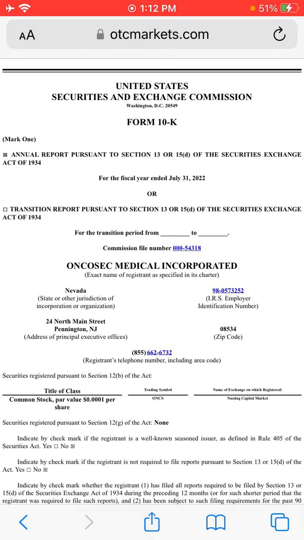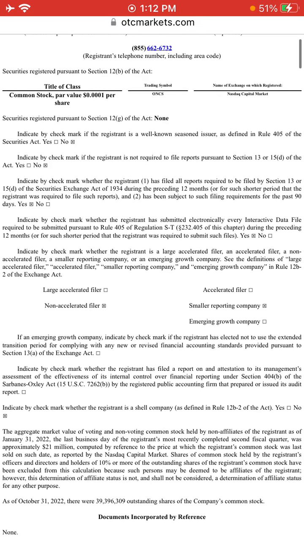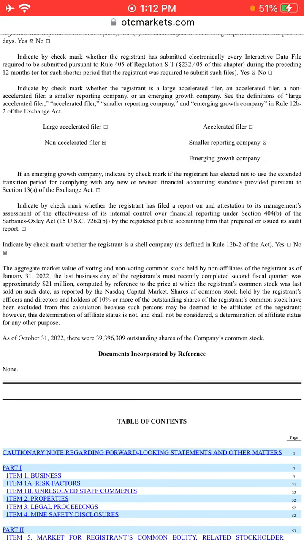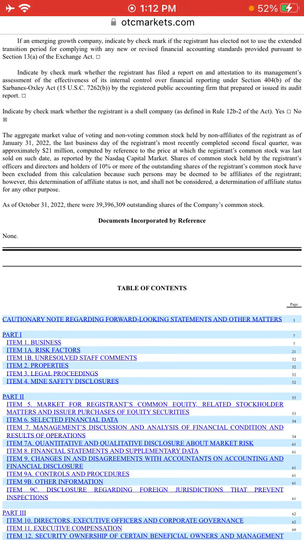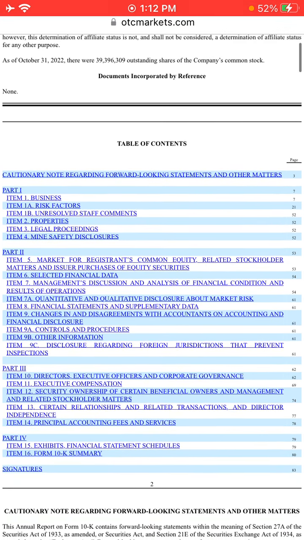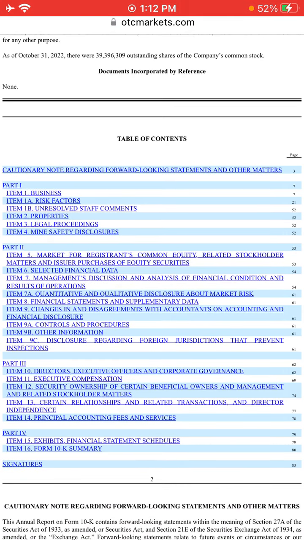So if we click on the 10K, which is the annual report, we can see usually under here, above the table of contents will be the shares outstanding. And so if you see here, it says as of October 31, 2022, there were 39 million shares outstanding.